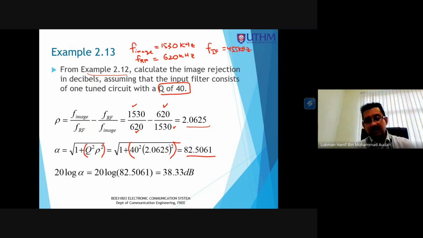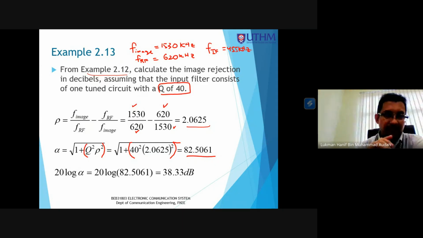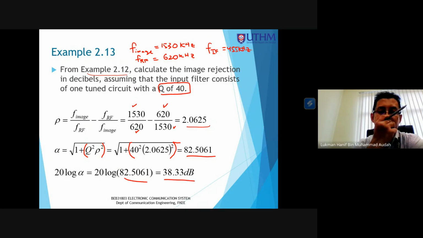After that, you have to calculate in terms of decibels. So image rejection ratio in decibels, 20 log alpha, so 20 log in bracket 82.5061, so you will get 38.33 decibels.